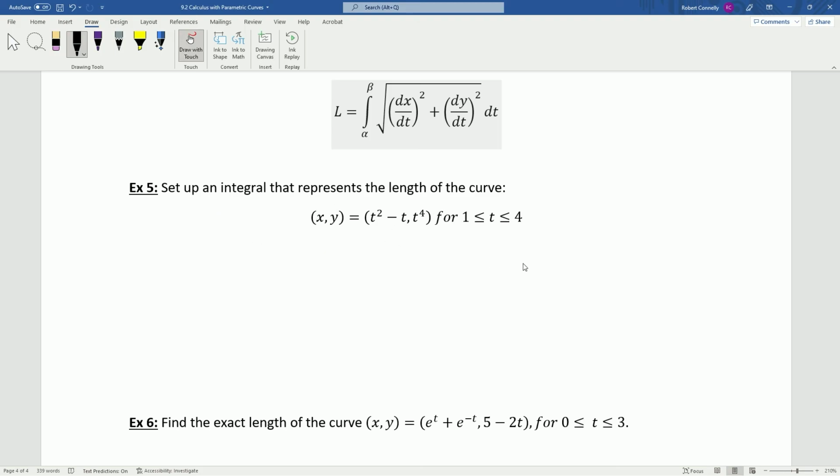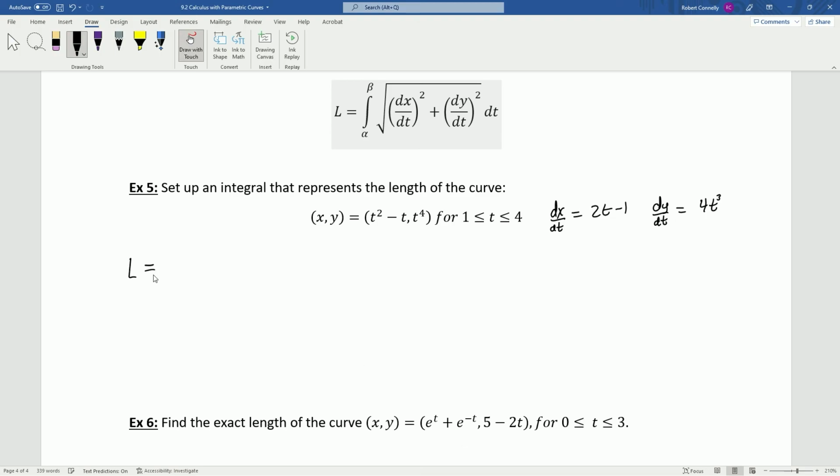Okay, so let's actually apply this a little bit and set up an integral that represents the length of the following curve. So x equals t squared minus t and y equals t to the fourth for t between 1 and 4. Now I'm going to need each of their derivatives. So let's start out by taking dx/dt. That's going to give me 2t minus 1. And dy/dt is going to give me 4t cubed.